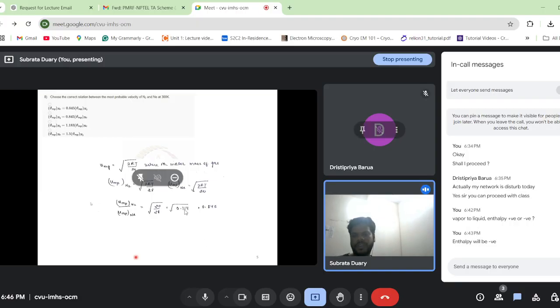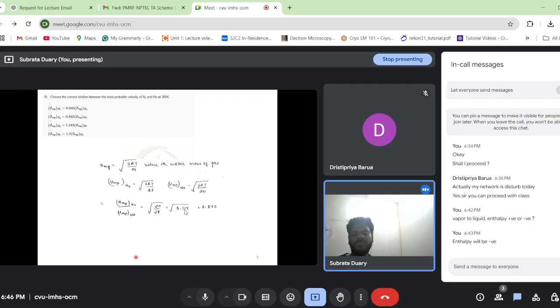These are the masses of the gases. If you take the ratio, it comes to 0.845. So the most probable velocity of nitrogen is nearly 0.8 times the most probable velocity of neon.